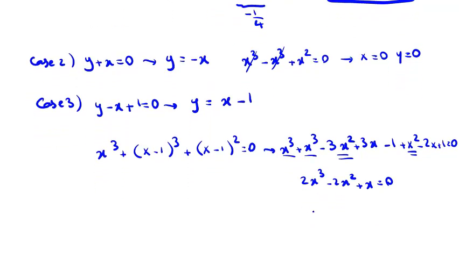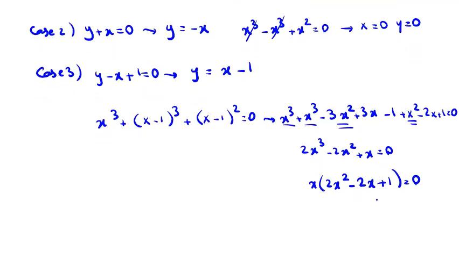And it will be what? It will be x times (2x squared minus 2x plus 1) equals 0. From this, you say, okay, x is 0, or the discriminant here is 4 minus 8, less than 0, so x equals 0. Then y equals negative 1.